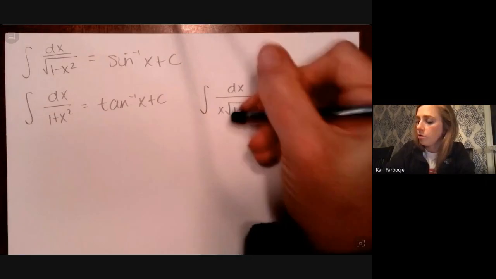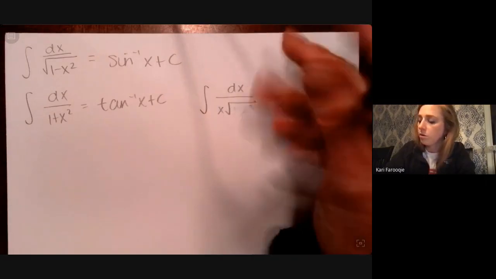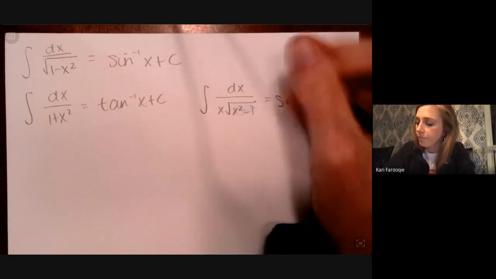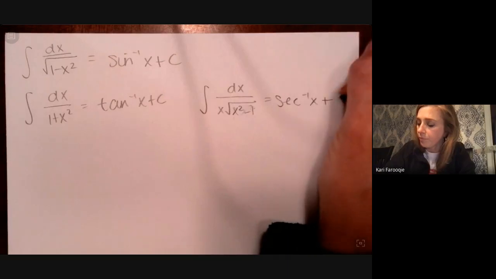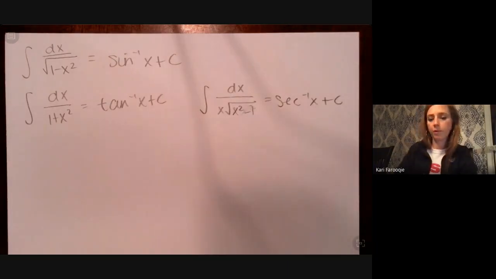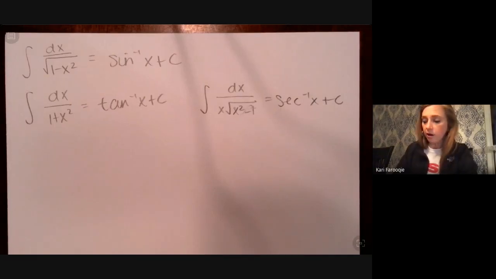It was x squared minus 1, sorry. Okay. It's important that we recognize when we're close to one of these forms. You'd be surprised how often these show up in Calc 1 and Calc 2.